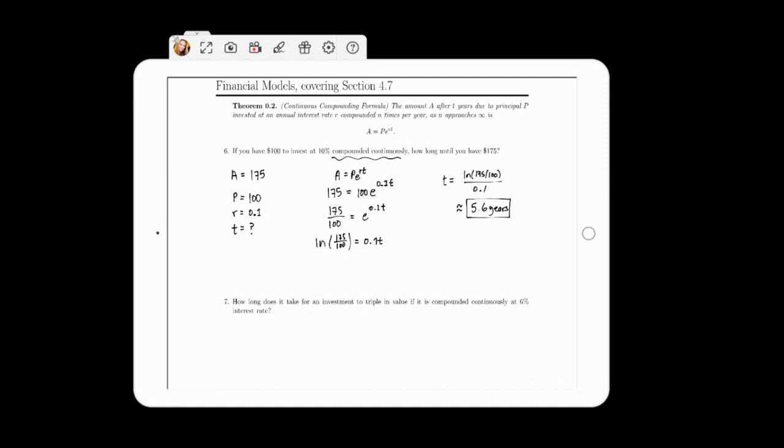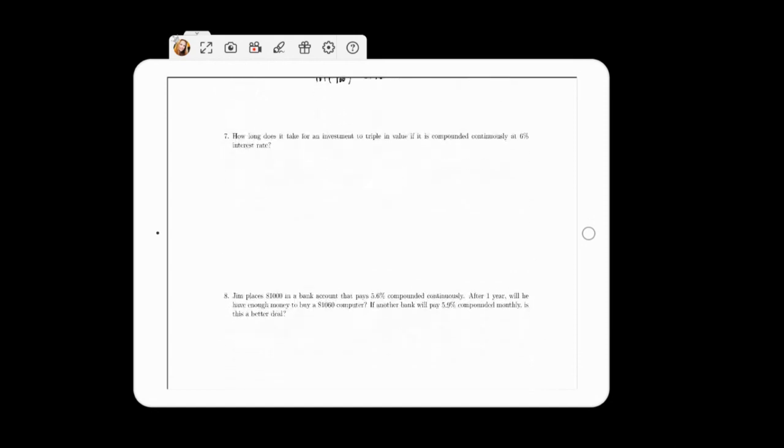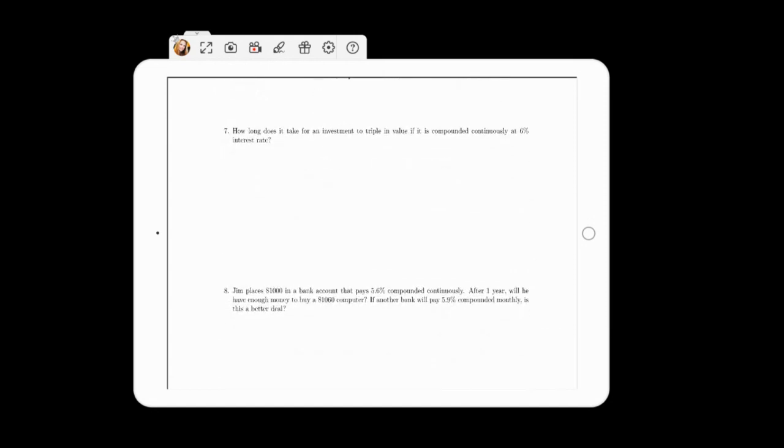Great. Let's see a couple more examples. Number 7 asks, how long does it take for an investment to triple in value if it is compounded continuously at a 6% interest rate? So first of all, when we see that it's going to triple in value, we know now that means A equals 3P.